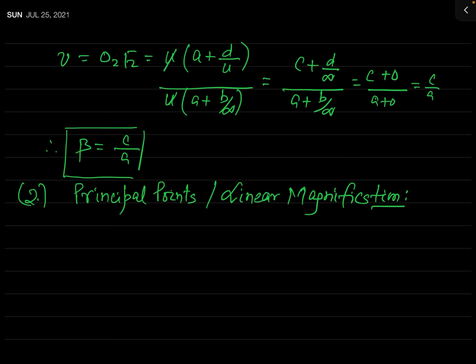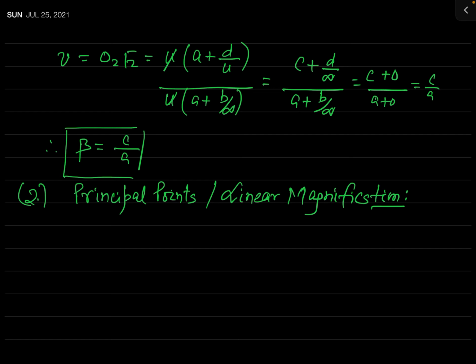Actually, I hope you have an idea of the definition of magnification. When you say linear magnification, it is simply defined as the size of the image divided by the size of the object.